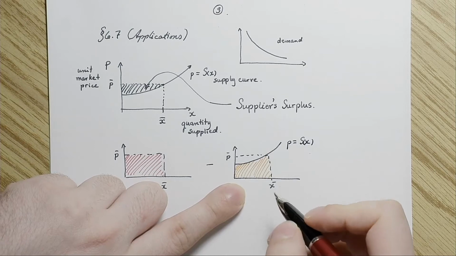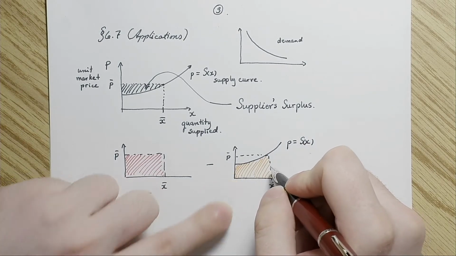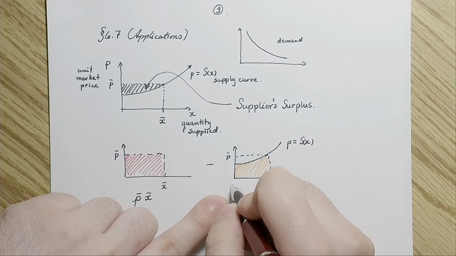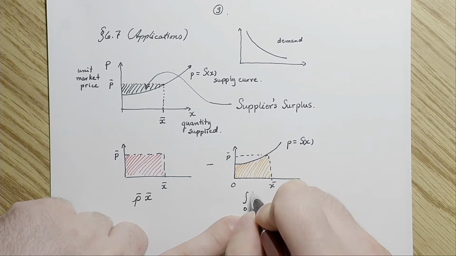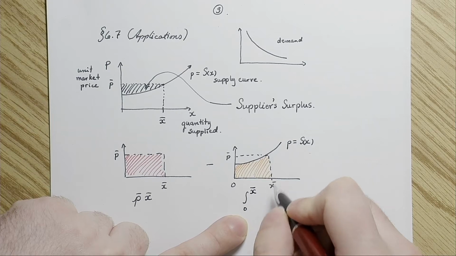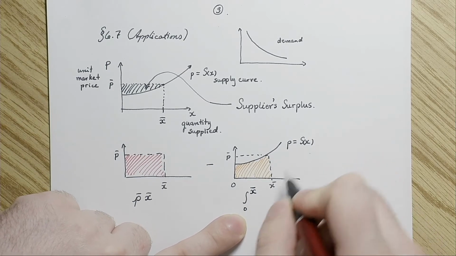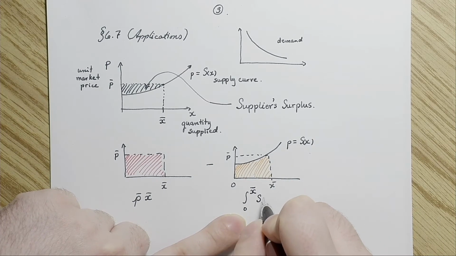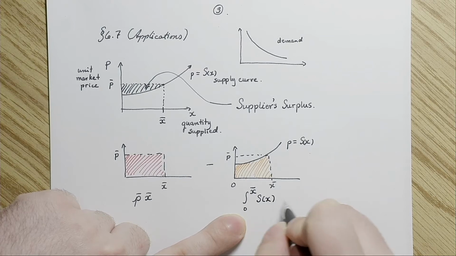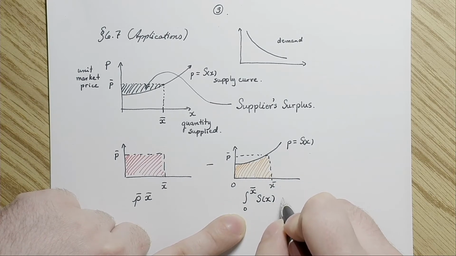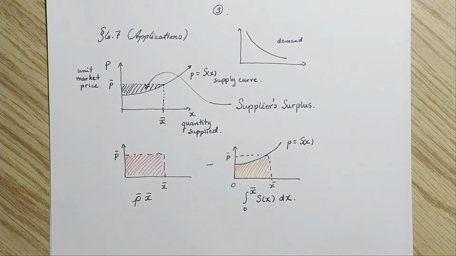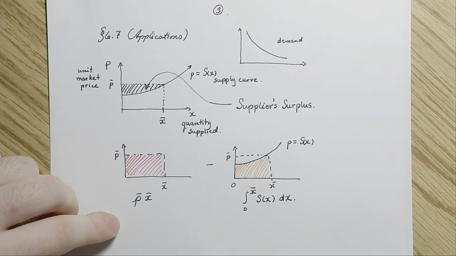And this curve, so now we have to write an integral for this area, and that area is from 0 to x bar of the supply function, s of x, and we're integrating with respect to dx. So that's it.